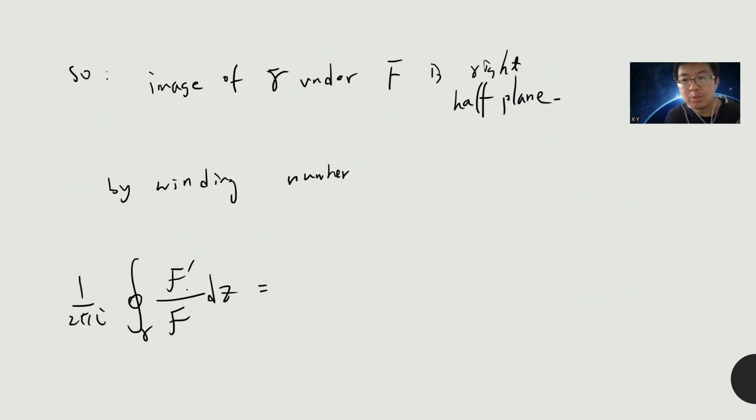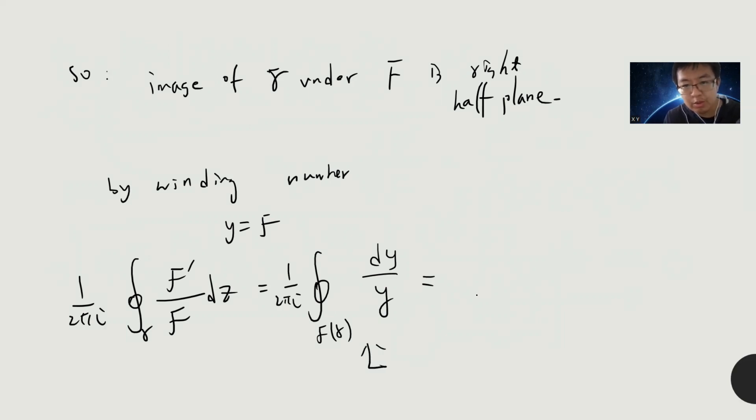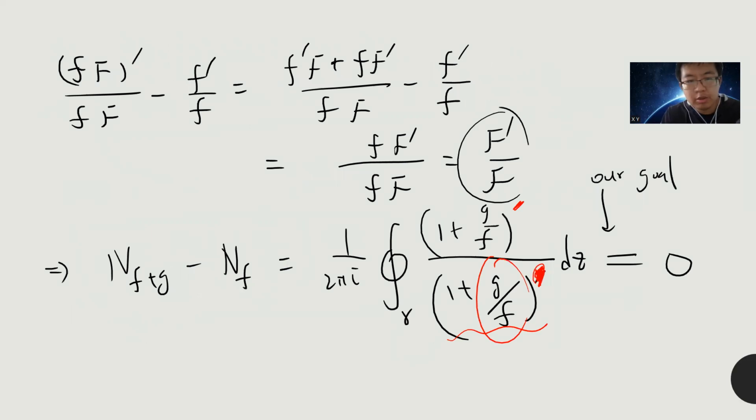You just set y equals f, and then you get something along the image of gamma under f. So it's a change of variable. It does not enclose 0, so it's 0, because you do not enclose the origin. Okay, so that finishes the proof.